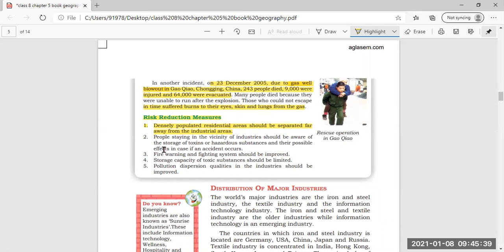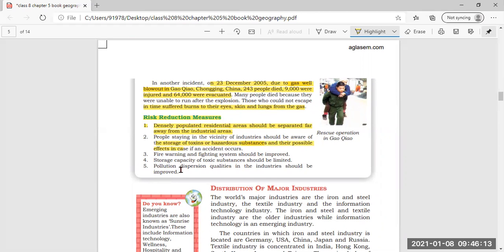If any accident occurs, people living in the industrial area should be aware of the storage of toxins or any substances which are dangerous for human life. The storage should be done in the proper way to lower the risk of the death toll.